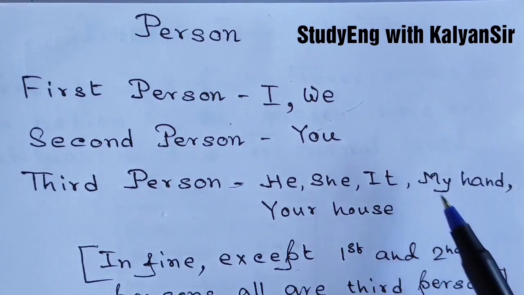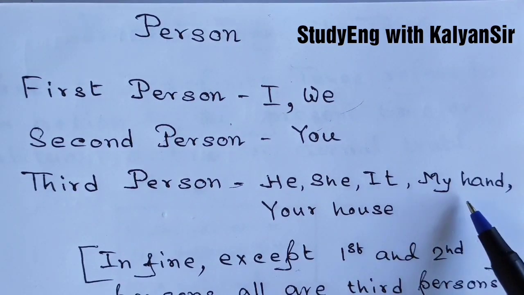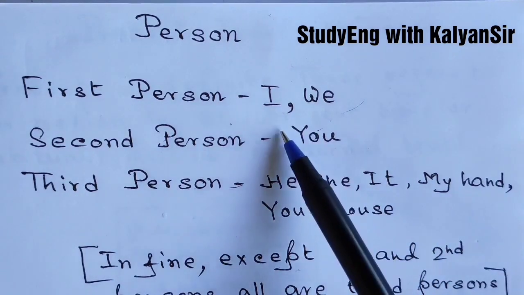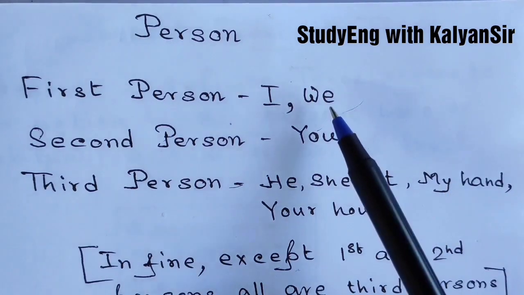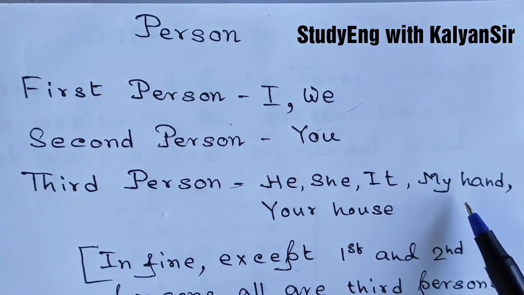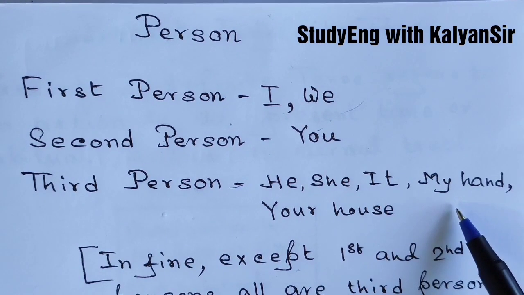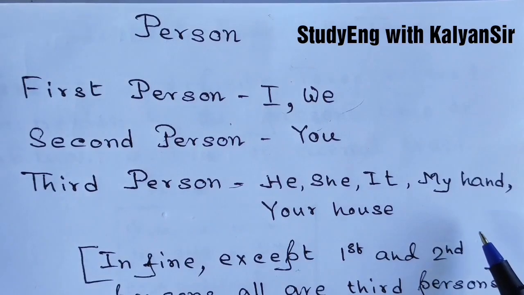You have to think that my hand is not I, my hand is not we. So we can naturally conclude that my hand must be any other person than the first person. So it must not be the first person. This is what we call the elimination theory.